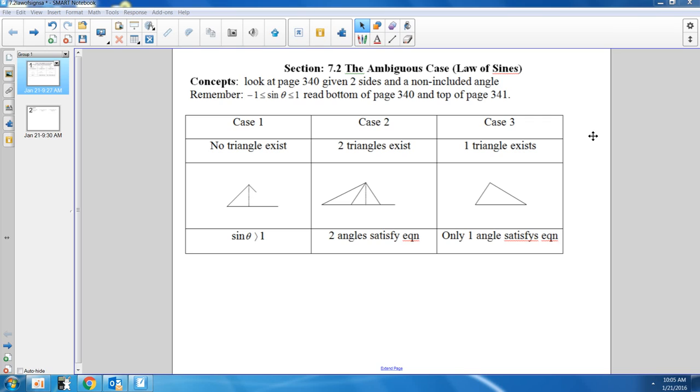So we're going to know that we have 3 cases that we're talking about here, and therefore the math would all come out in terms of the sine theta. So what I want to do is just generate 3 different cases and show you that you can get 3 different answers.